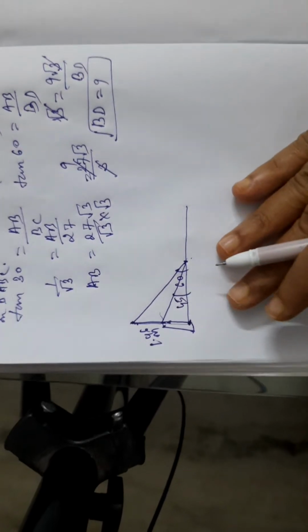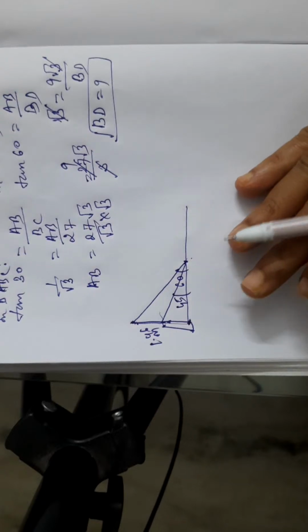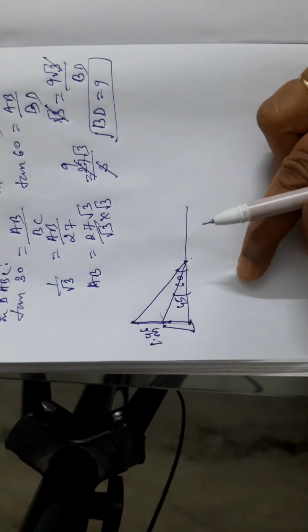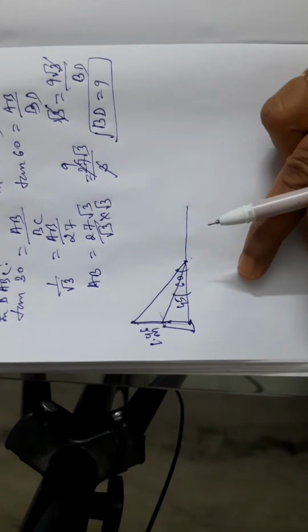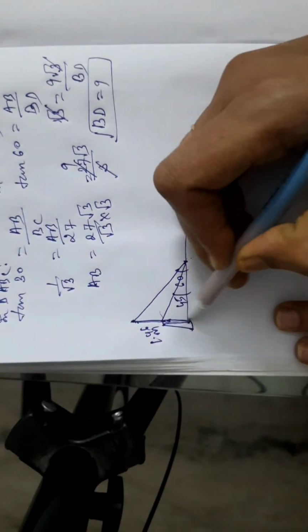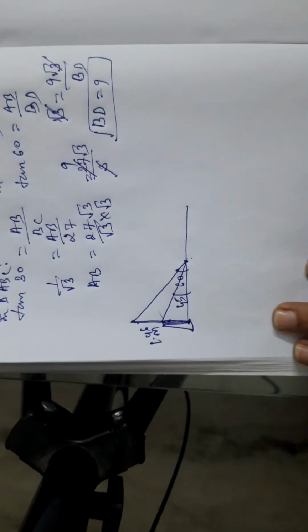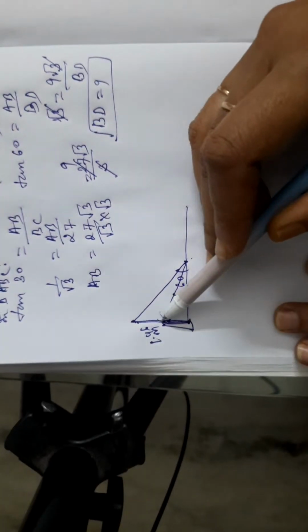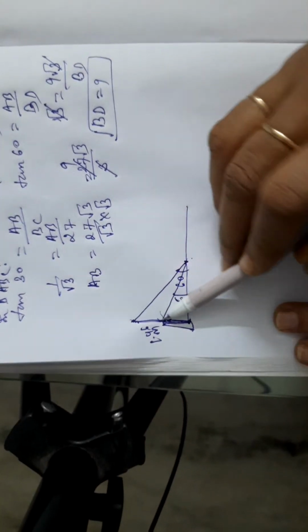So here is the present question which I am solving. A statue of 1.46 meter tall stands on the top of a pedestal. So there is a pedestal, and on the top of the pedestal there is a 1.46 meter tall statue.